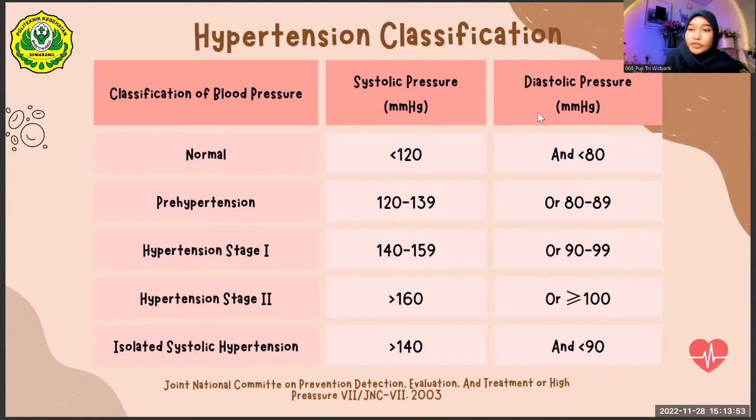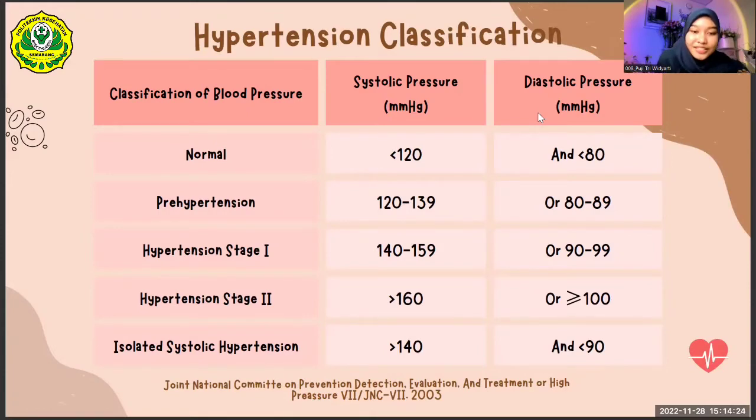For pre-hypertension, systolic pressure is 120 until 139, or diastolic pressure is 80 until 89. For hypertension stage 1, systolic pressure is 140 until 159, or diastolic pressure is 90 until 99.